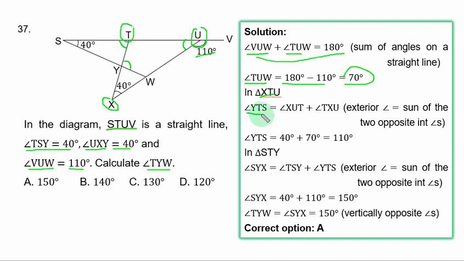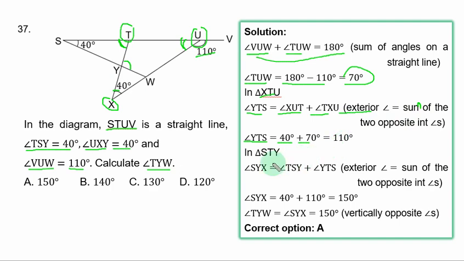Angle YTS is equal to angle SUT plus angle TSU, and you have the reason. So angle YTS is 40 degrees plus 70 degrees. This angle 70 and this angle are interior opposite angles to this exterior angle. You have the sum.